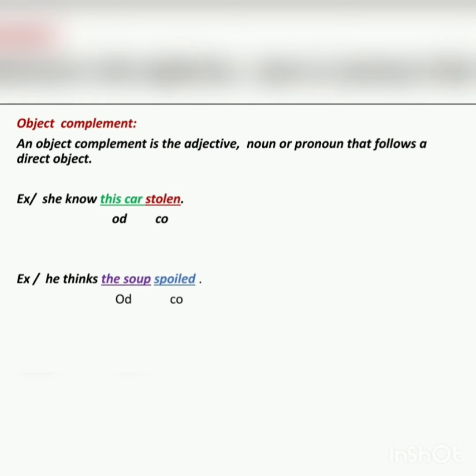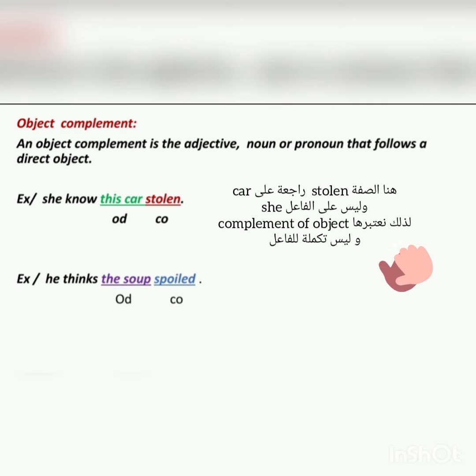Okay, adjective related to the soup, the object of the sentence. So if we find something related to the object, like a noun or pronoun or adjective, it is going to be the object complement. Here it means he believes that the soup is spoiled.